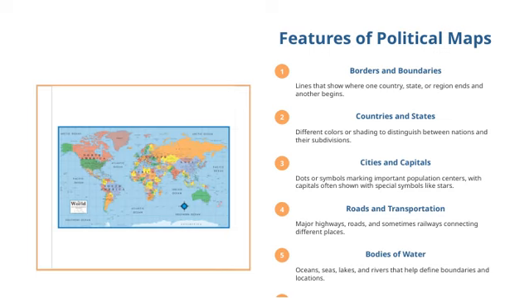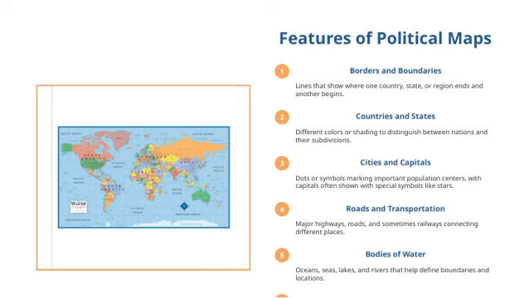Then, there are roads and transportation networks. These include major highways, roads, and sometimes railways, which connect different places and are vital for movement and trade. We also find bodies of water, oceans, seas, lakes, and rivers that define boundaries and help us understand the geography of an area. They're essential features for navigation and understanding the landscape.